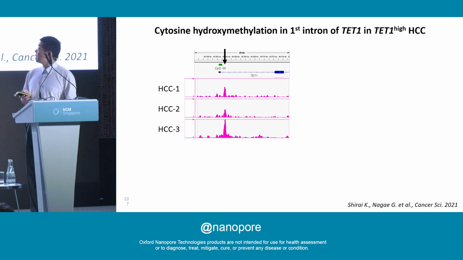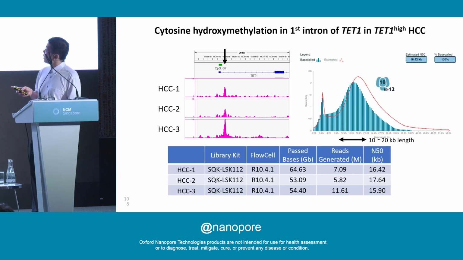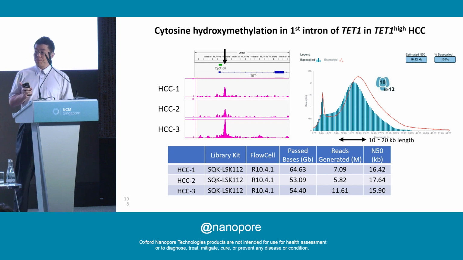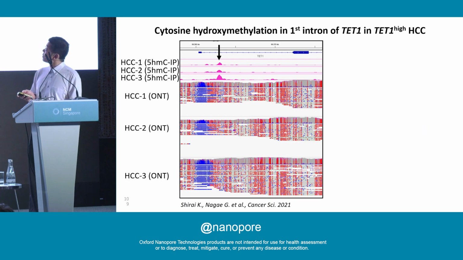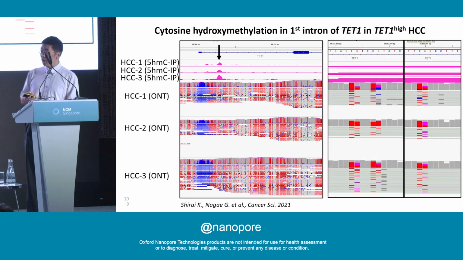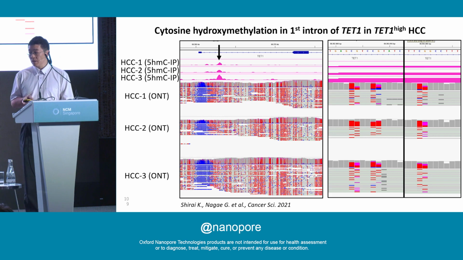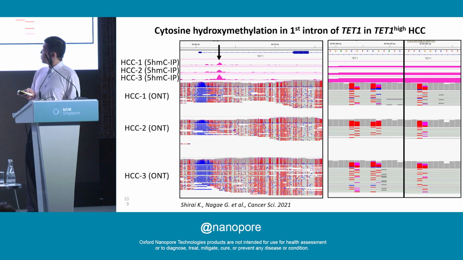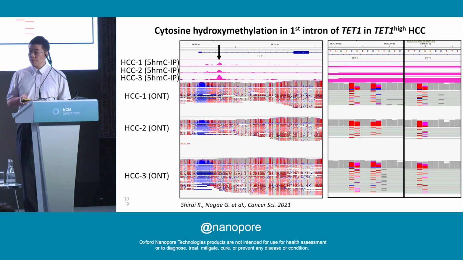This is an example of a TET1 enriched region. Here is the intronic region of TET1, and that pink peak is the hydroxymethylation signal detected by hMe deep sequencing, and we sequenced this genome by nanopore. We can see the ectopic 5-hmC signal in this region by nanopore sequencing at one-base resolution.